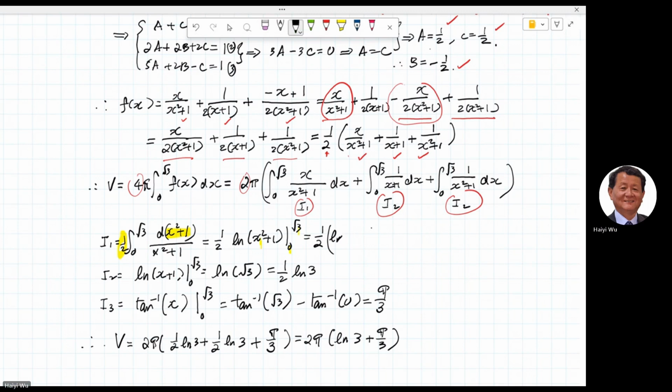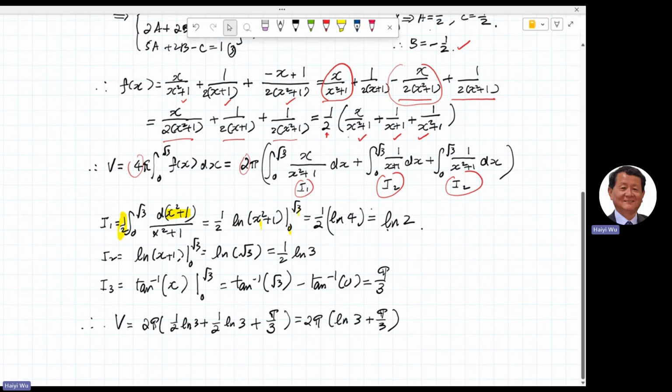The first one was log of 3 squared, which is 3. 3 plus 1 is 4. So the answer will be log 4, which is a square, so the answer is log 2. For the second one, plugging in square root 3 becomes plus 1, then plugging in 0 gives log 1. So the second one is log of square root 3 plus 1.